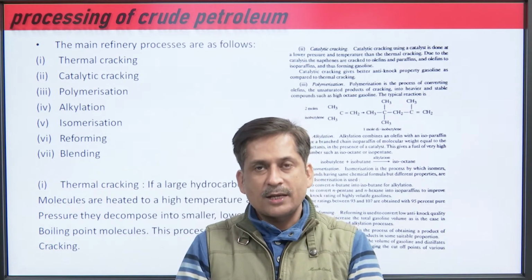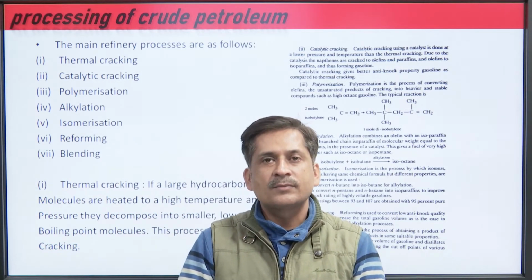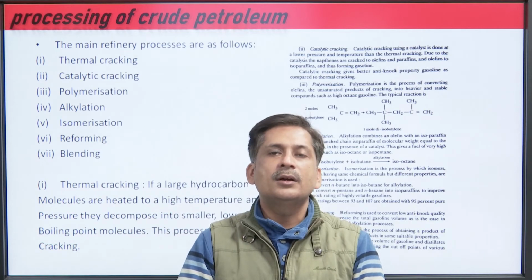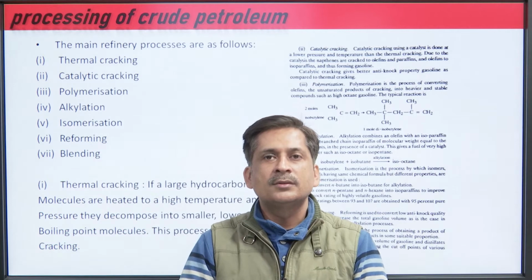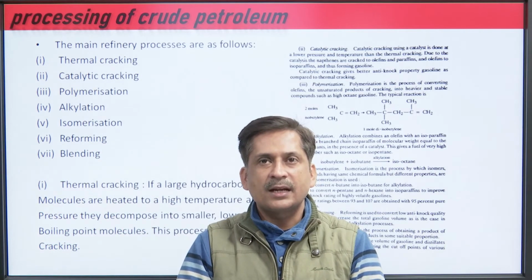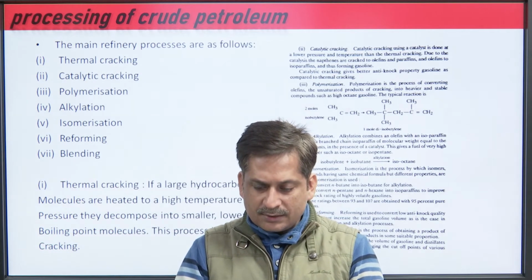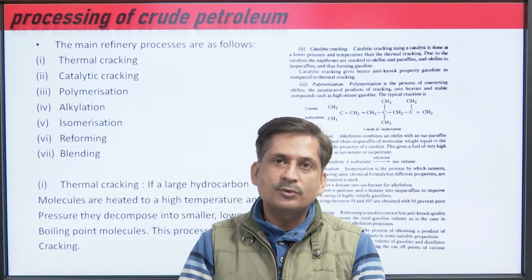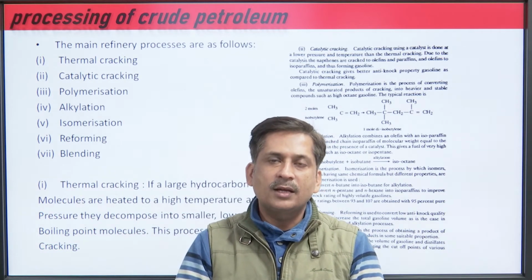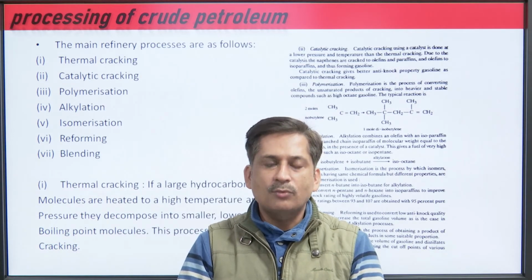So, gasoline in such form has more knock resistance, otherwise we have to mix some additives or dopes to increase the octane number. That is why catalytic cracking is used. Catalytic cracking gives better anti-knock property gasoline as compared to thermal cracking. So, it is a better option for more thermal stability as well as combustion quality.